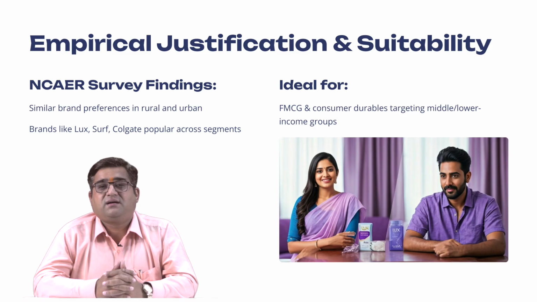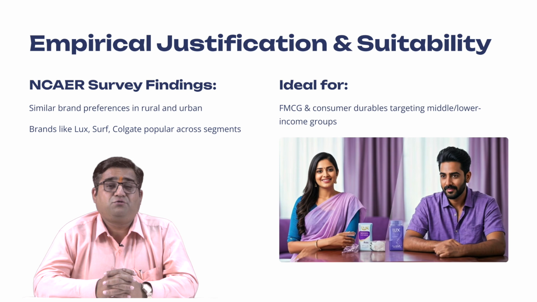These assumptions are not made without evidence. One of the most important validations came from the NCAER survey of 1994, which showed that rural and urban consumers had surprisingly similar preferences in many product categories.